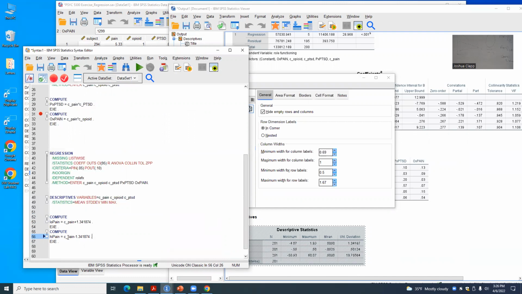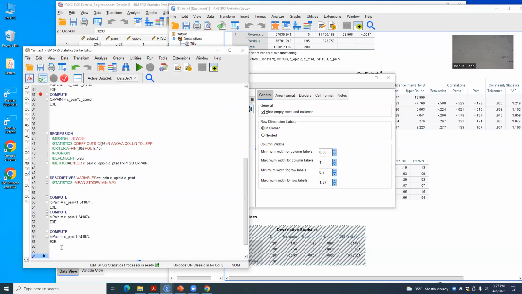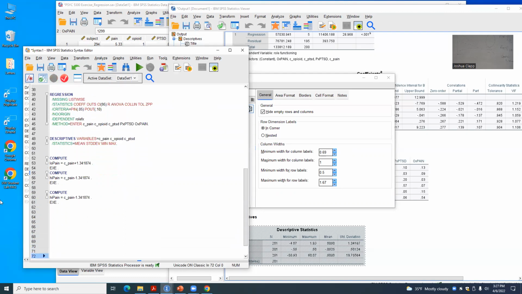Okay. Let's leave it at that for right now. So I've got my high and low levels of pain, but now I need to calculate new interaction terms, right?